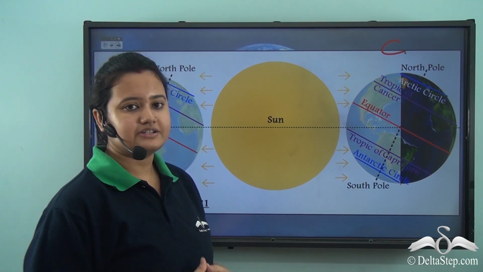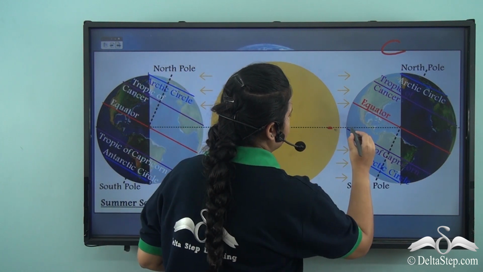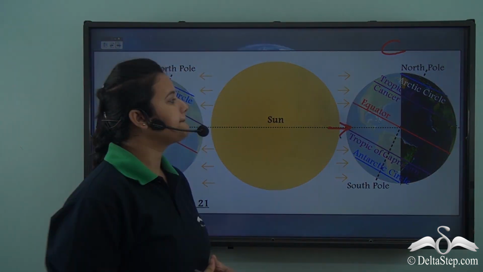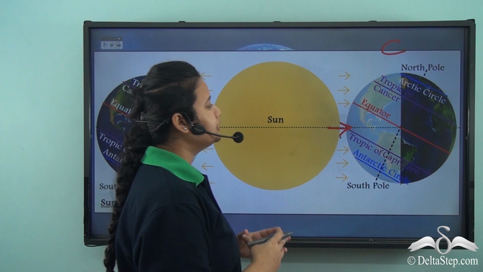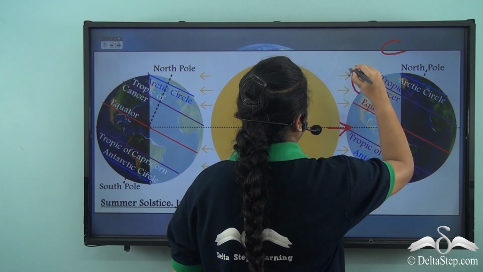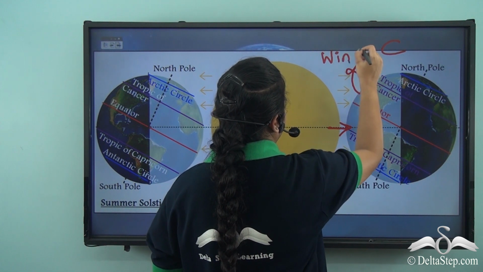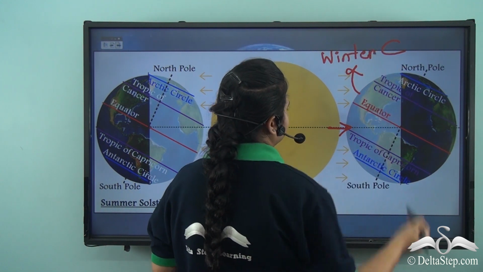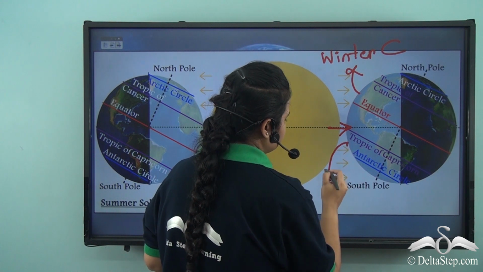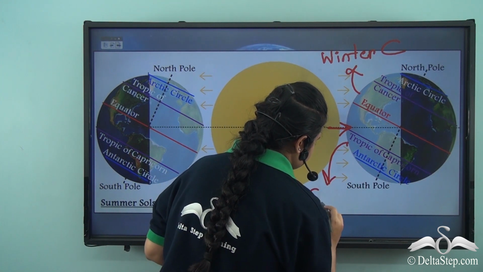Also, the sun's rays are vertical over the Tropic of Capricorn. As a matter of fact, the places lying to the north of the equator experience winter, while the places lying to the south of the equator experience summer.